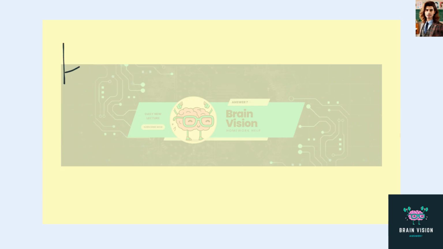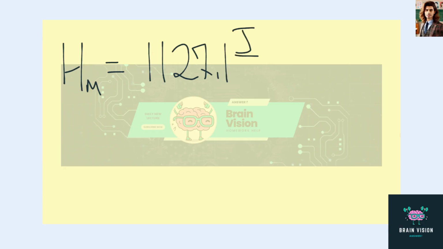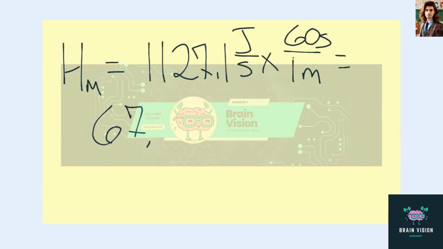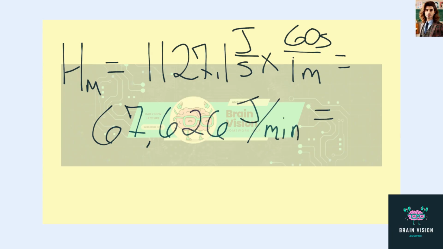So that's H, I'll say H_M, equals 1,127.1 joules per second times 60 seconds per 1 minute equals 67,626 joules per minute. And that will have to equal the heat lost as liquid water turns to vapor.